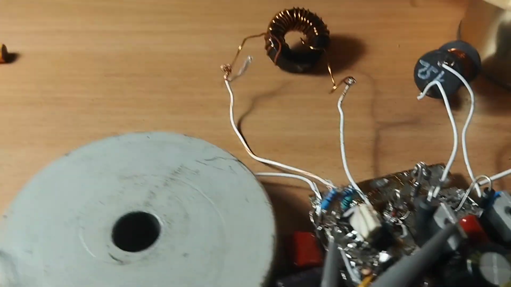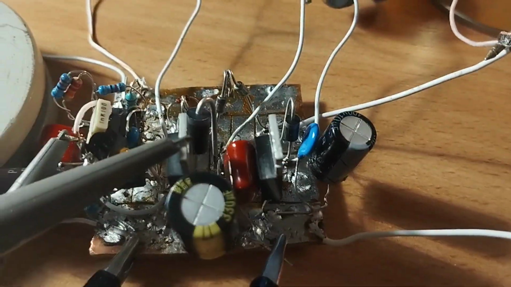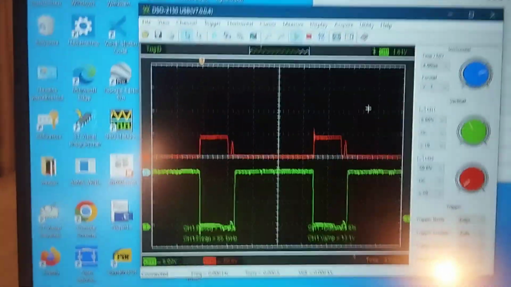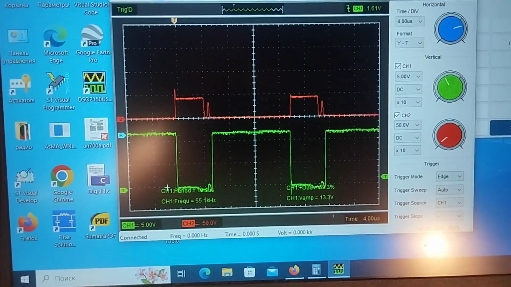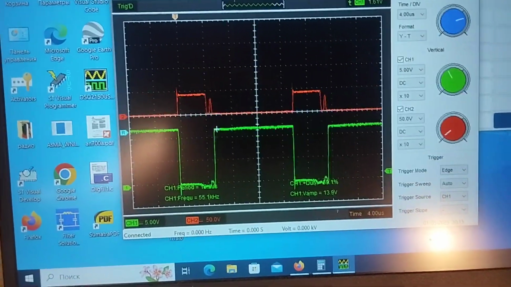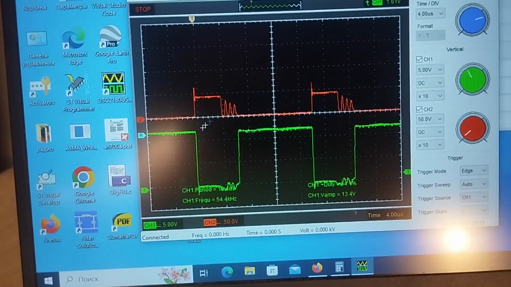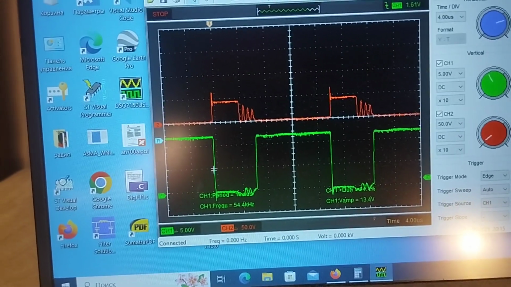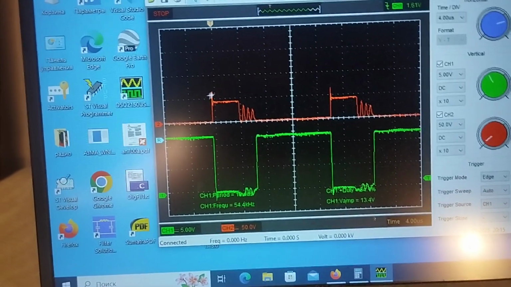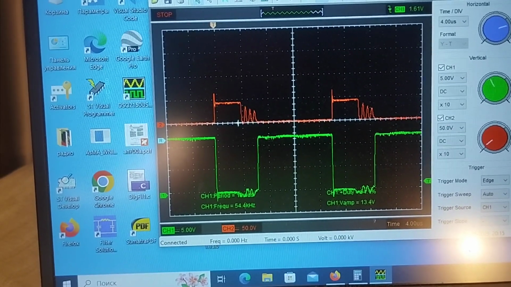Let's look at the drain of the first MOSFET, the first switch. Here the green line is the gate voltage and the red line is the drain voltage. Here we see when the switch turns off, a high voltage appears in the coil.